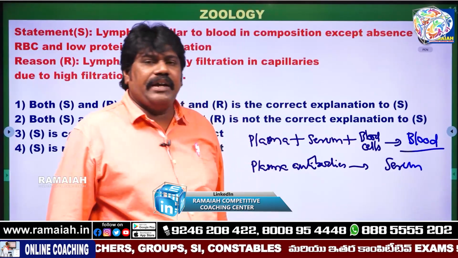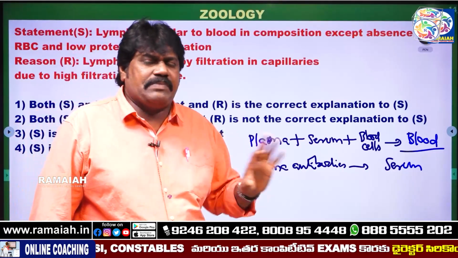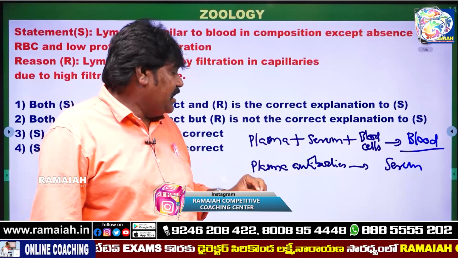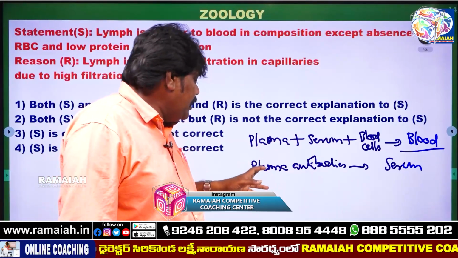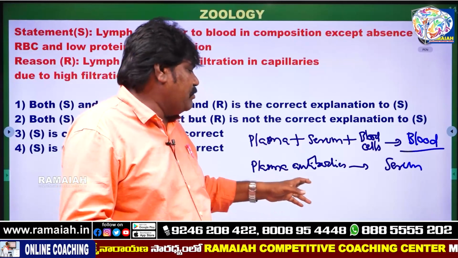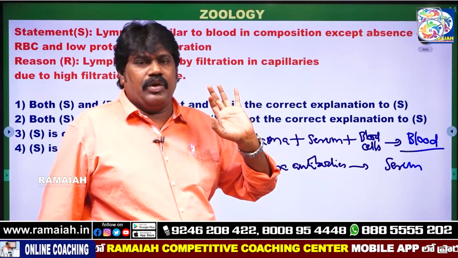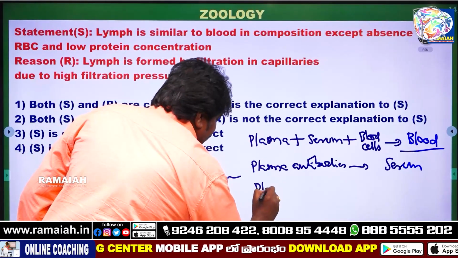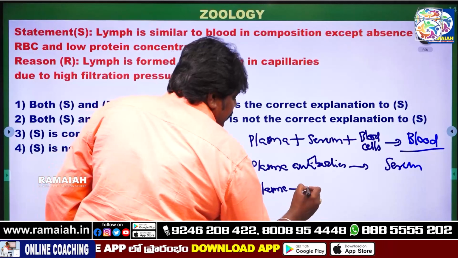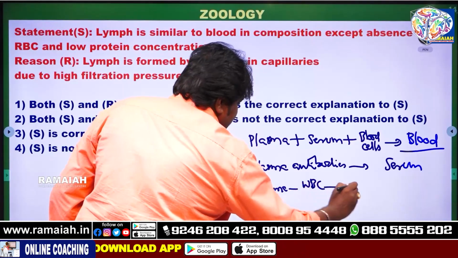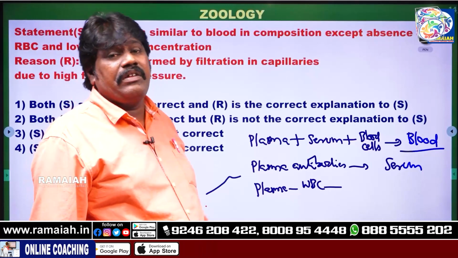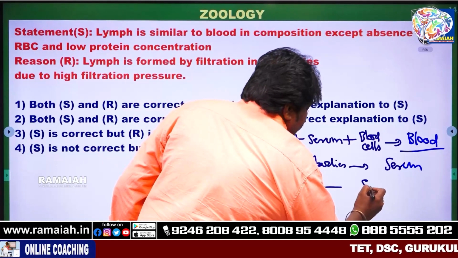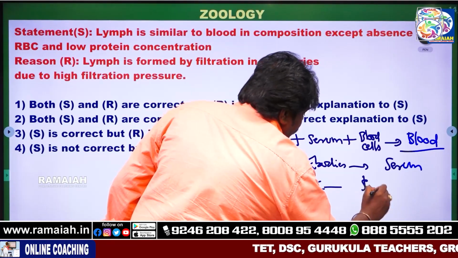There are no plasma proteins and no RBC. That's why the plasma which has only antibodies is called serum. If a plasma contains a little amount of WBC, white blood corpuscles, and lacks RBC, the fluid is known as lymph.